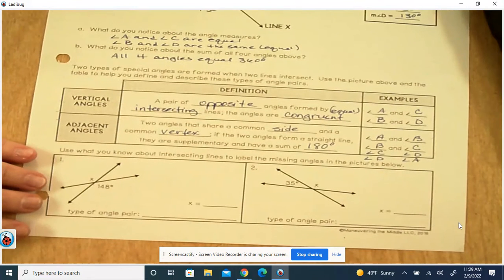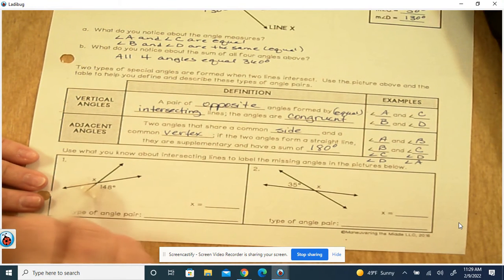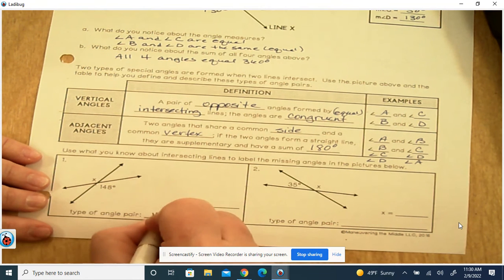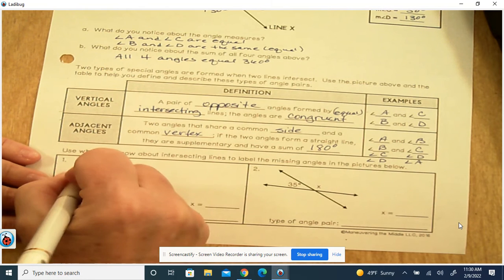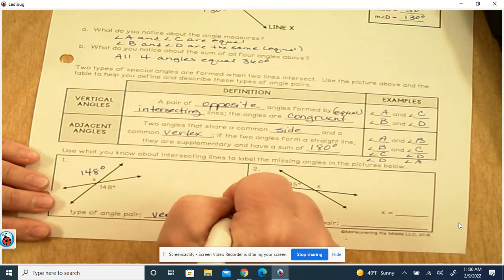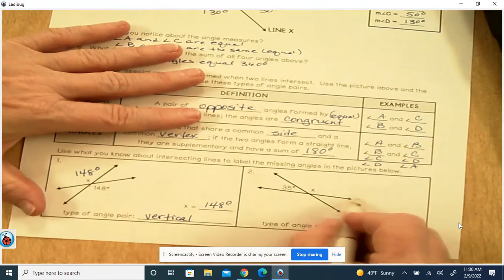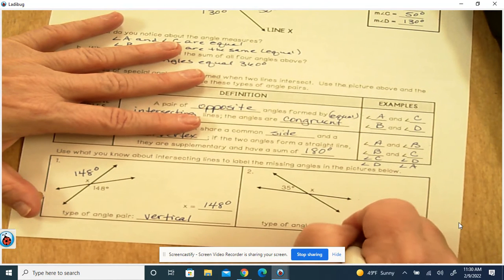All right. Use what you know about intersecting lines to label the missing angles in the picture above. This X right here, they're vertical. So that type of angle is vertical. What do we say up above that vertical angles were? They're equal. So this one is also 148 degrees. All right. These two right here with X, and they share this side right here, are adjacent.